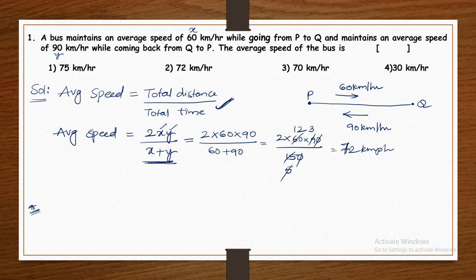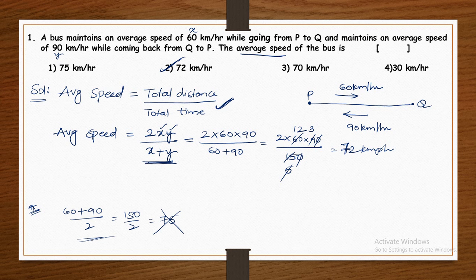Since he is asking for the average speed, they think average means sum by number of terms. So they simply take 60 plus 90 divided by 2, which is 150 by 2, which is 75. It is also given in the options, but 75 is not the correct answer. This approach is wrong. So the answer is 72 kilometers per hour.